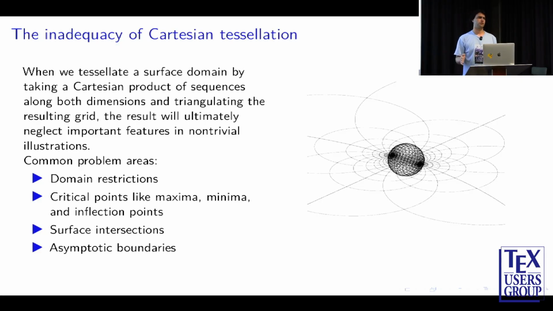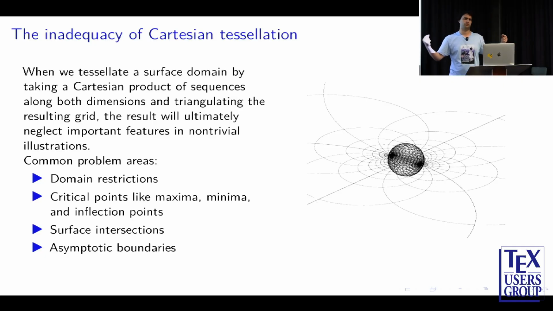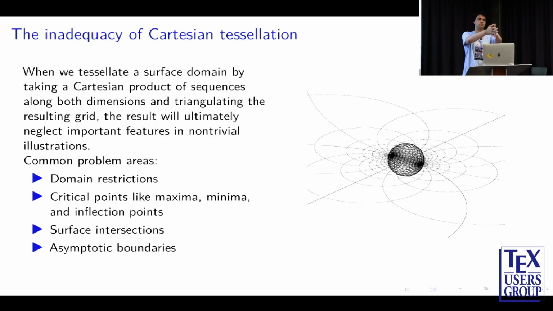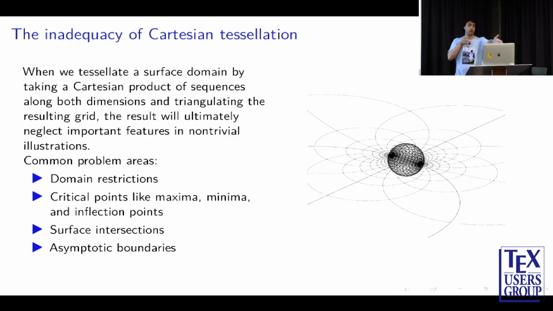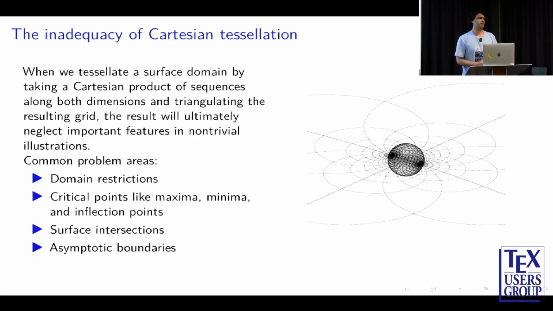By Cartesian product, I mean we take two sequences, usually arithmetic, sometimes not, and then we turn them into a giant grid of points based on those two sequences, and then we triangulate those points. This has problems with non-trivial illustrations.